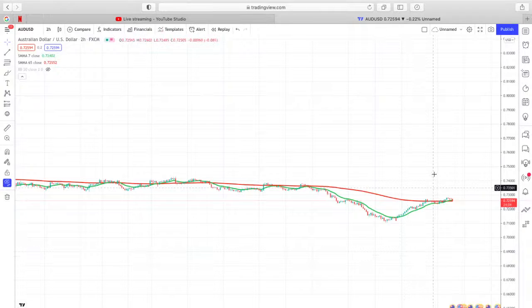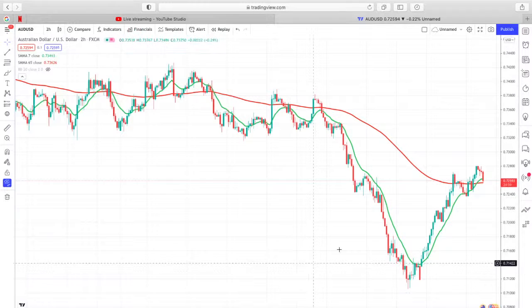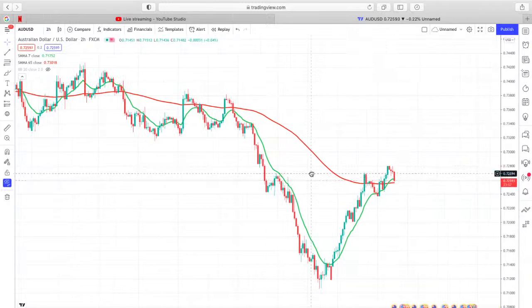I'm going to give my ideas for both sides, buying and selling. But like I said, I need all of my higher time frames to align before I hop into a trade. So let's just say we're going for the short. That's our first idea we would want to stay on, because that's what it's been doing. We don't want to fight the trend.